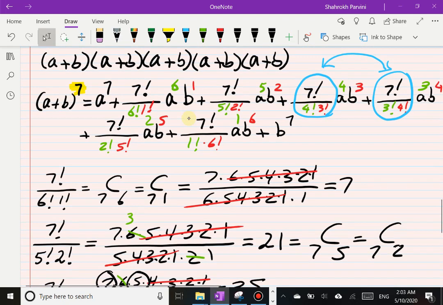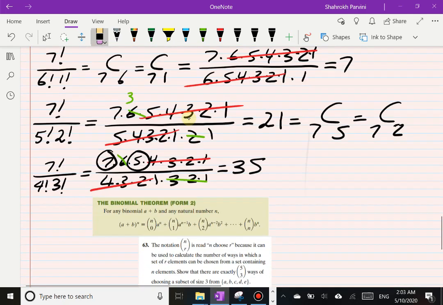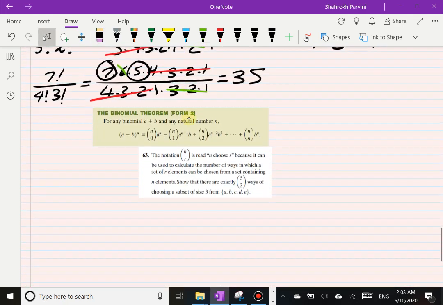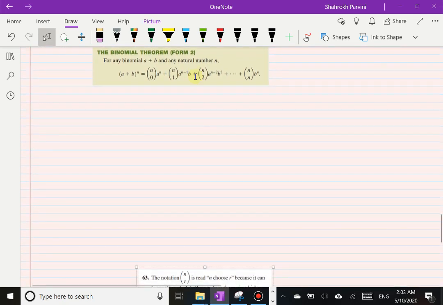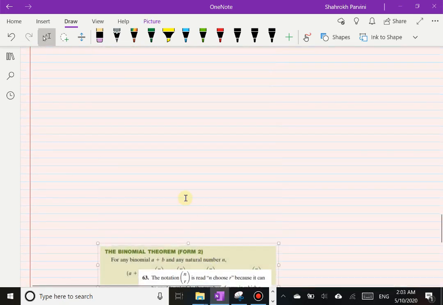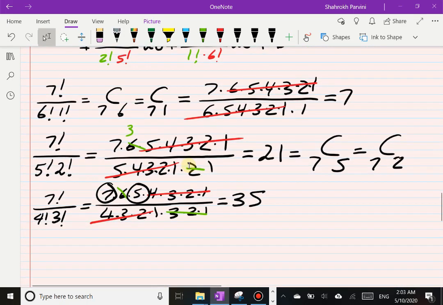Okay. So now we can actually finish off the coefficients, and we're done with the expansion. And of course, let me move these out of our way. We'll get to these later in just a few minutes. So let me do the expansion of (a+b)^7 now. This is the complete expansion, okay?